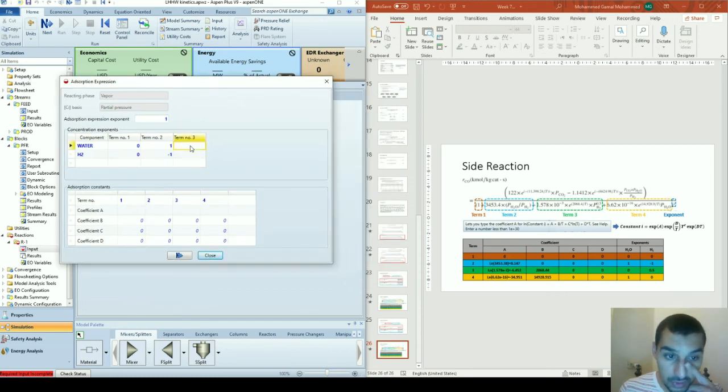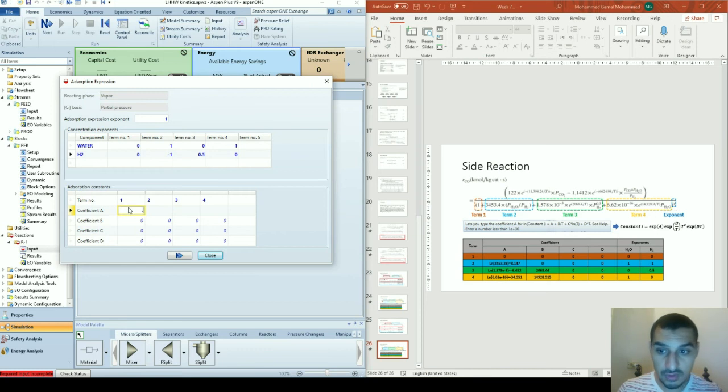For term number 3, we have water 0 and hydrogen is 0.5. Finally, for term number 4, we have water of 1 and hydrogen is 0. And now we come to the last part here, which is putting the coefficients.